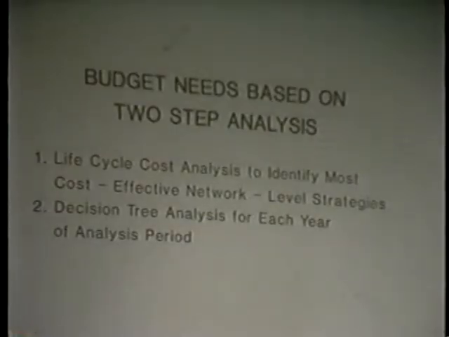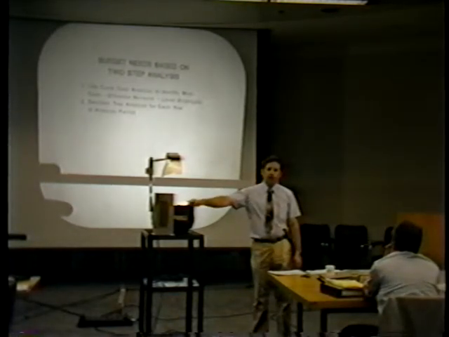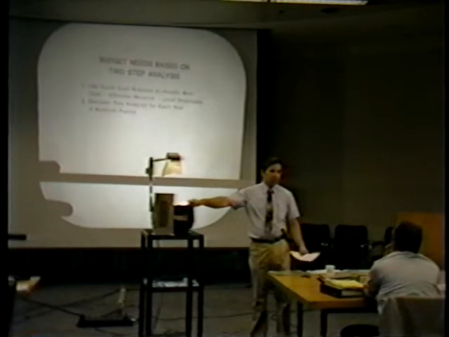With that, we then develop a decision tree so that we connect the treatments with the condition of the pavement, and we then take the PCI of the individual sections and project them over the period and run that through the decision tree for each year of the analysis period to identify when sections need to be fixed and what needs to be done to them. And when we say come up with what needs to be done to them, we also come up with the cost.